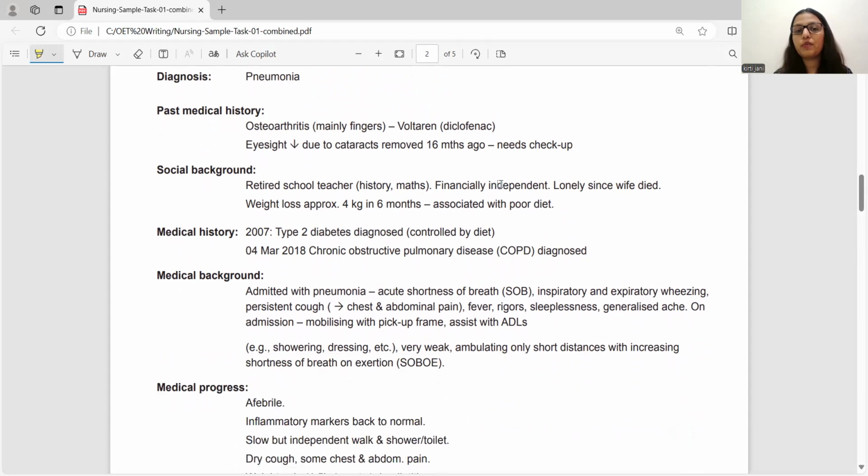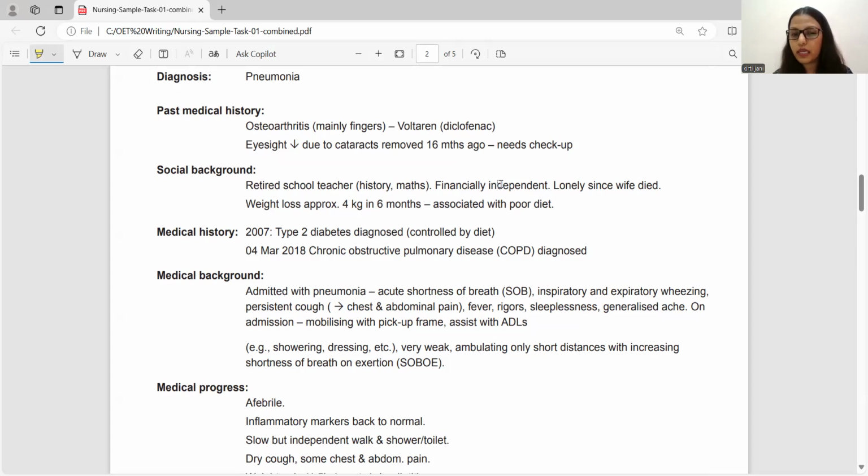Past medical history says the patient has osteoarthritis, mainly in fingers, and the patient takes Voltaren, that is diclofenac. Eyesight is reduced, cataracts removed 16 months ago, needs checkup. Social background: retired school teacher, history, maths, financially independent, lonely since wife died.